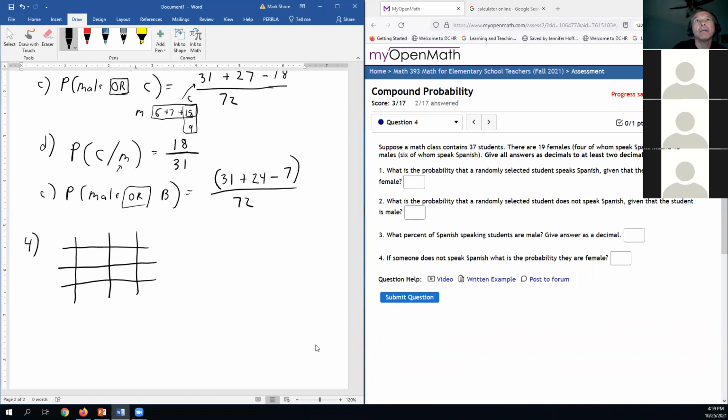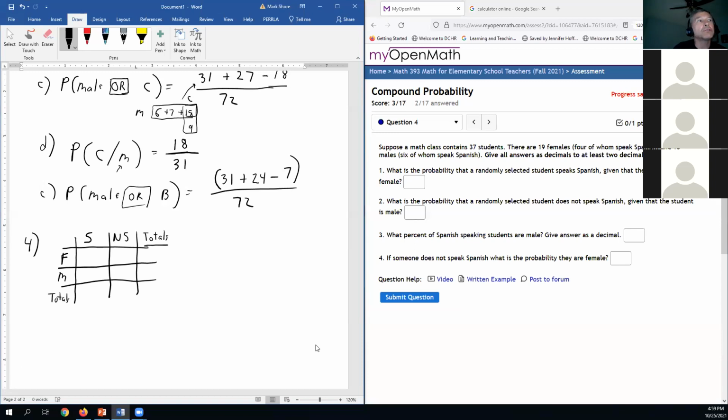There are 19 females, 4 of whom speak Spanish. So there's some females and some males. Some speak Spanish and some, I'll put NS for no Spanish. And we'll keep track of the totals.